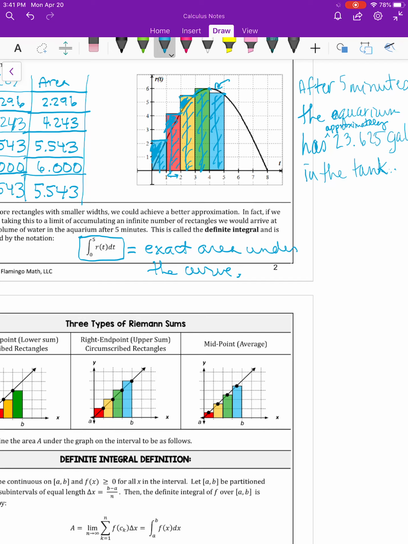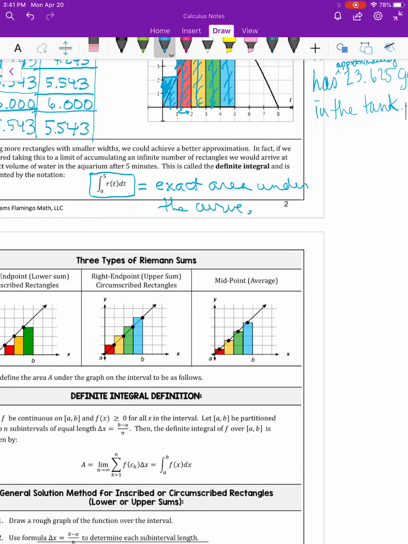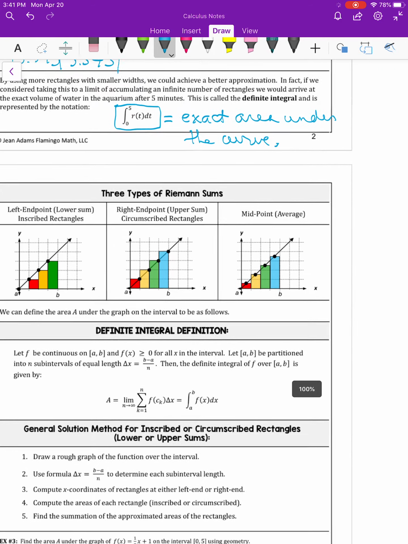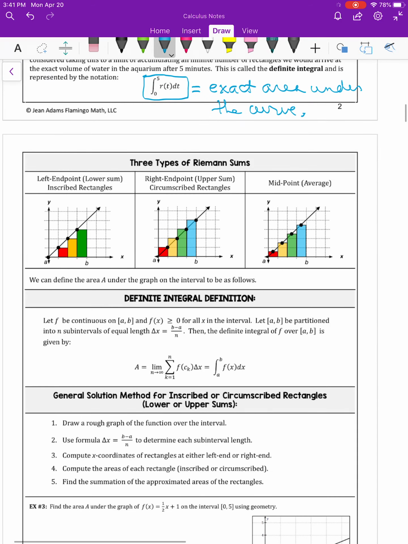And if we reduce the size of the rectangles and made more rectangles and they were skinnier, you could see how we could reduce the error there. And so the definition of this integral is going to be the limit as the number of rectangles goes to infinity. And that's why it ends up giving us the exact area under the curve.